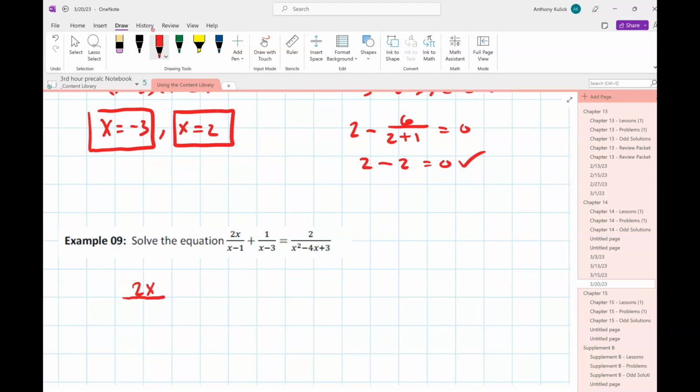So what am I going to want to multiply to both sides to get rid of all of these denominators? Why do you say that? The other two are factored in first. Great.